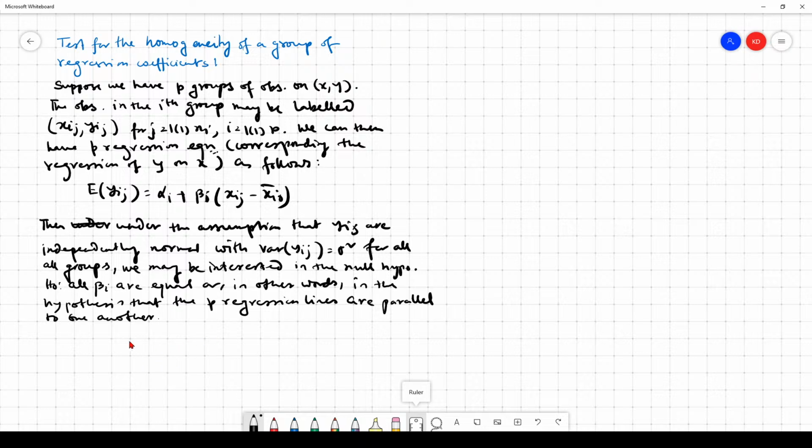So that means, since slopes are the same, all beta i's are the same. This means all regression lines are parallel.